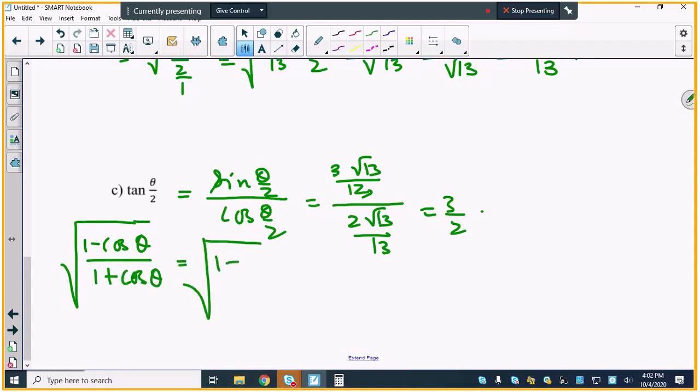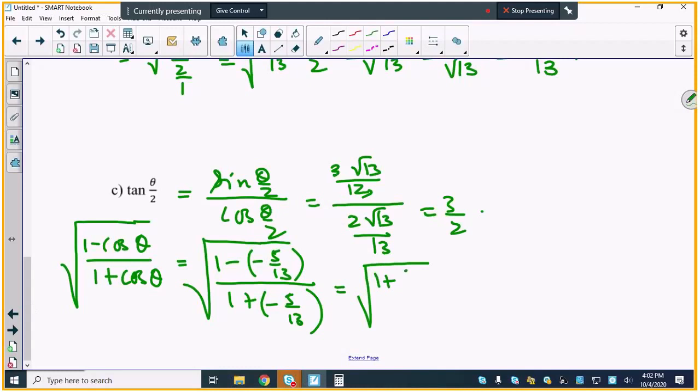So square root of 1 minus, it was minus 5 over 13, over 1 plus minus 5 over 13. So I get square root of 1 plus, minus times minus is a plus, 5 over 13 over 1 minus 5 over 13, which is equal to square root of 13 plus 5 over 13 all over 13 minus 5 over 13.